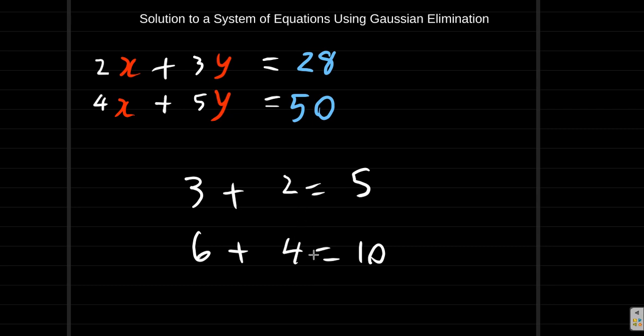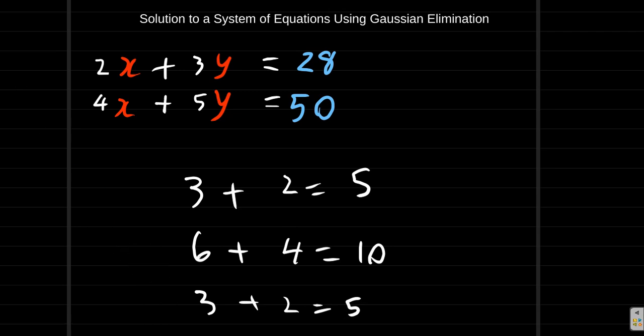You can always add or subtract two equations by adding or subtracting the corresponding parts. So you have 3 plus 6 is 9, plus 2 plus 4 is 6, equal to 5 plus 10, 15. 9 plus 6 is 15. You can always add these two equations. You can also subtract two equations. 6 minus 3 is 3, plus 4 minus 2 is 2, equal to 10 minus 5 is 5, right?